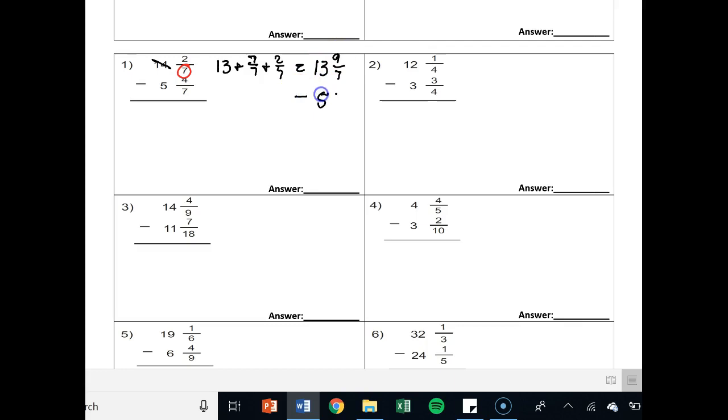Now I can subtract 5 4/7, right? And I had to do that right off the bat because I can't do 2 minus 4, right? But now I can do 9 minus 4, right? So 9 minus 4 is 5/7, and then 13 minus 5 is 8 5/7, all right?